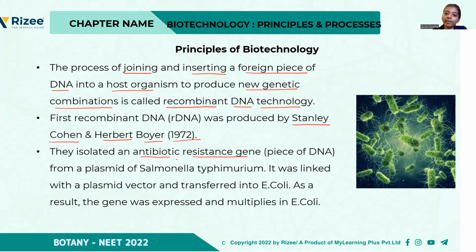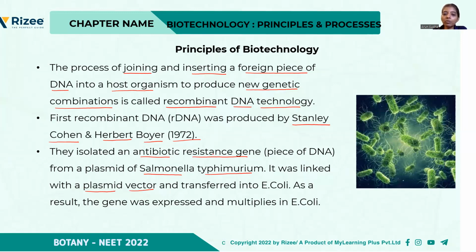They isolated an antibiotic resistance gene from a plasmid of Salmonella typhimurium, a sequence of nucleotides which is responsible for the antibiotic resistance. And it was linked with the plasmid vector.